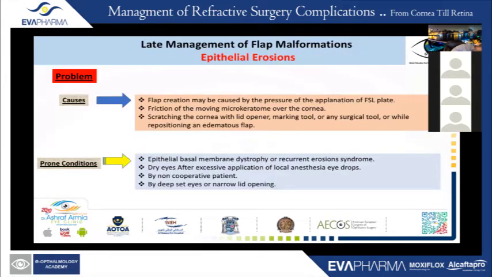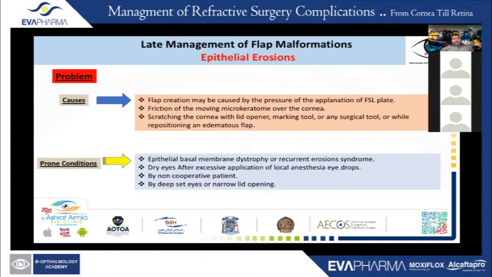Another last problem I'm going to mention is epithelial erosion and how to manage it. It can happen when flap creation causes pressure from the applanation of the femtolaser cone, or friction of the microkeratome over the cornea, or scratching the cornea by the lid speculum. Marking tools may be aggressive, or when repositioning an edematous flap.